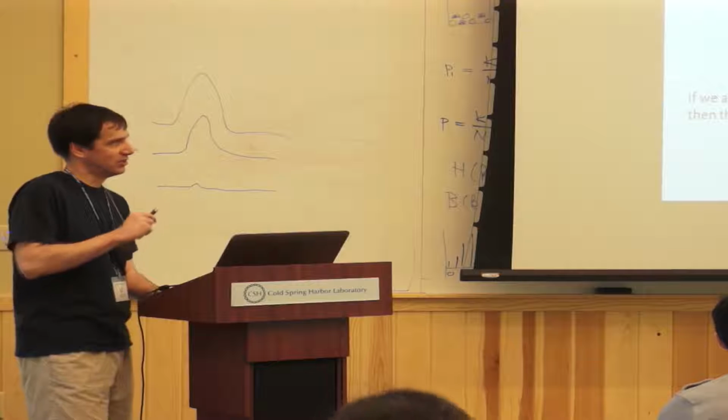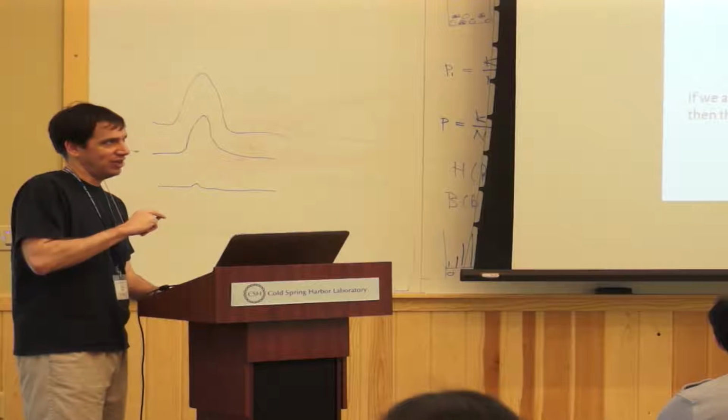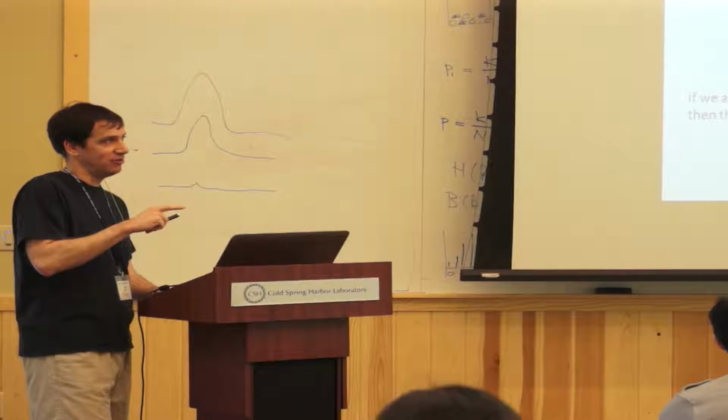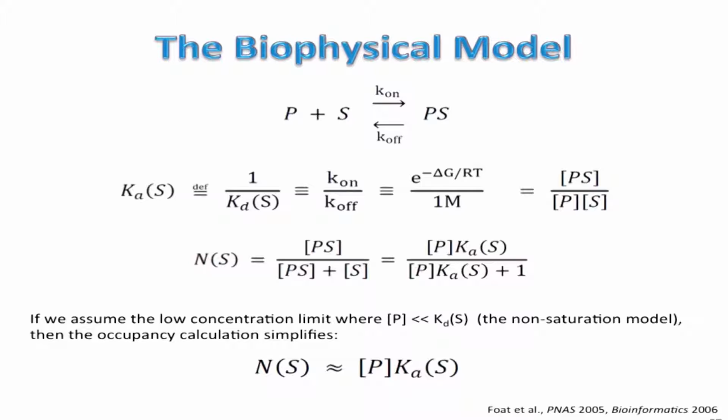Make sure that everyone understands that in my story, as you increase the protein from no protein, the relative occupancies are proportional to relative affinities. Then once you saturate the highest affinity binding site, the moment after that happens and you add more protein, you get this saturation effect.